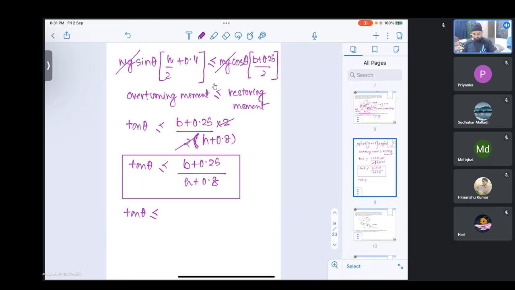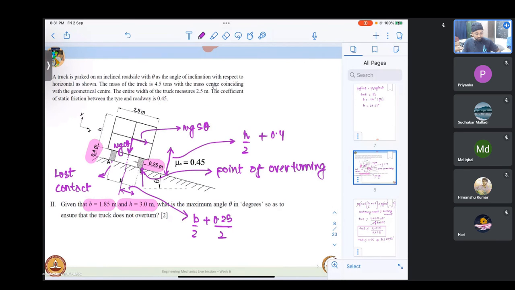So 0.55 is what I'm getting, this ratio. So theta has to be less than or equal to 28.93 degrees. As long as theta is less than or equal to 28.93 degrees, individually it will not tip, that we are sure of.